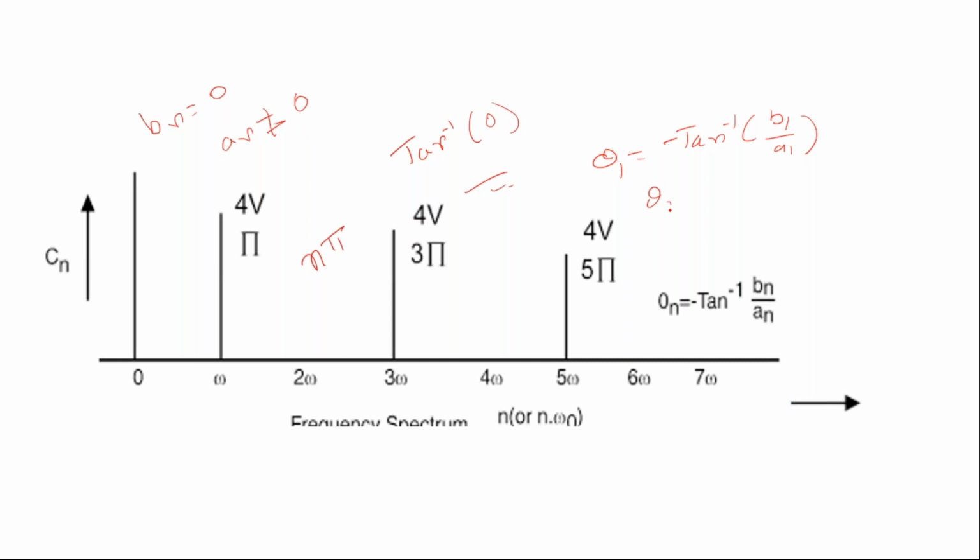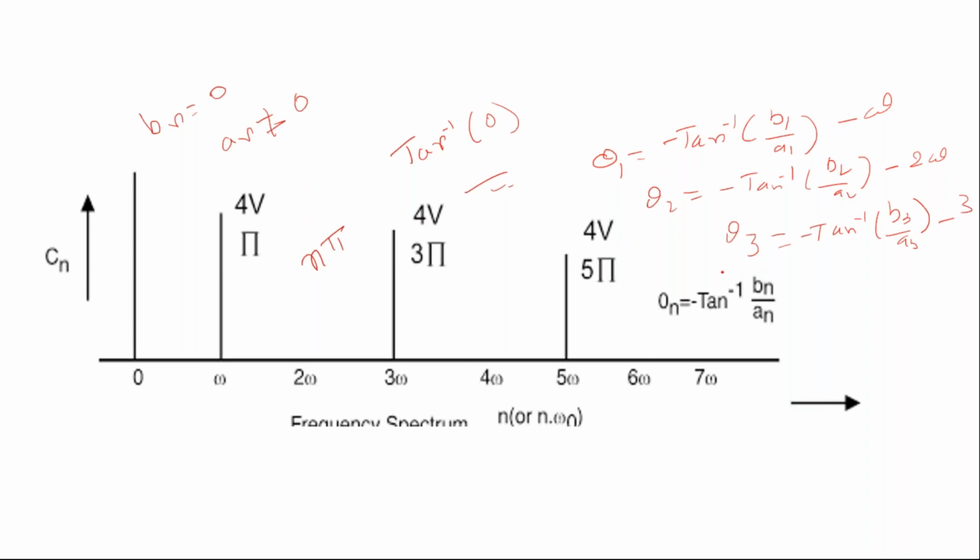Theta 2 is minus tan inverse of B2 by A2. Theta 1 you get at omega, theta 2 at 2 omega, since you are taking the second harmonic component. Theta 3 is minus tan inverse of B3 by A3, at 3 omega. That's the reason I need to write all the values.